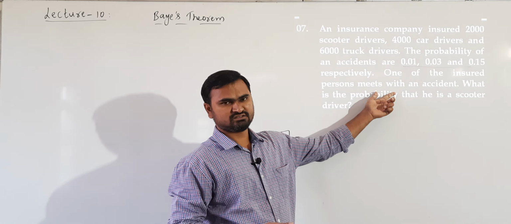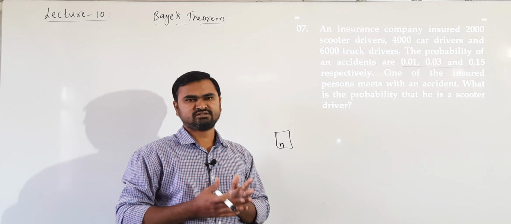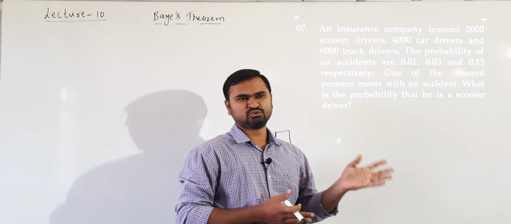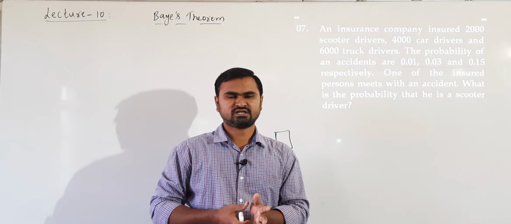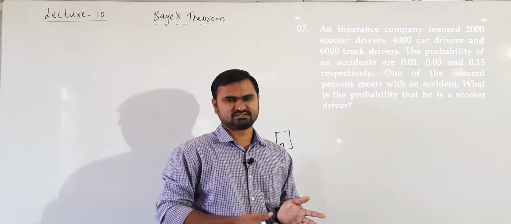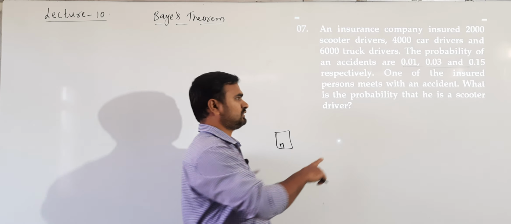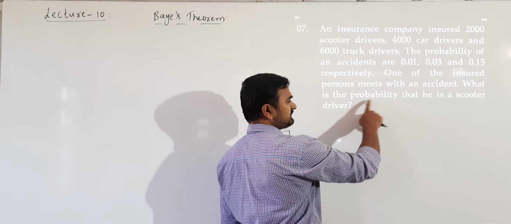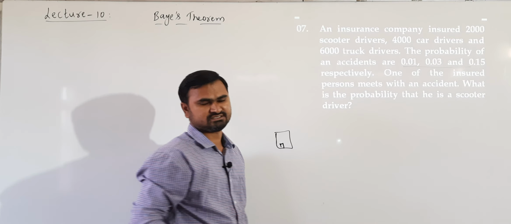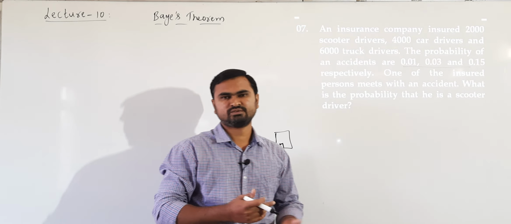So what we know is that one person got an accident. Maybe he is a scooter driver, or a car driver, or a truck driver. So there are three possibilities. Out of the three cases, I am interested in finding the probability that he is a scooter driver. So again we are finding the reverse probability.